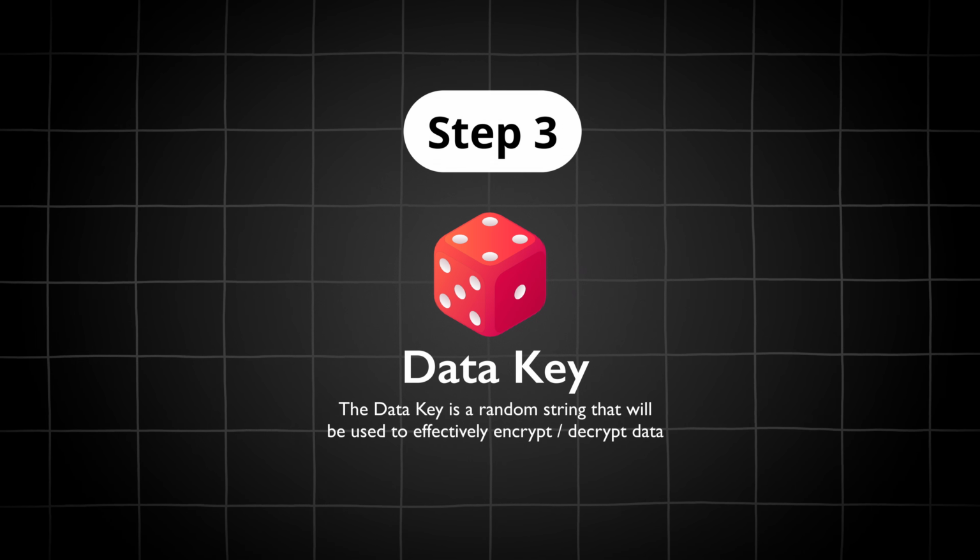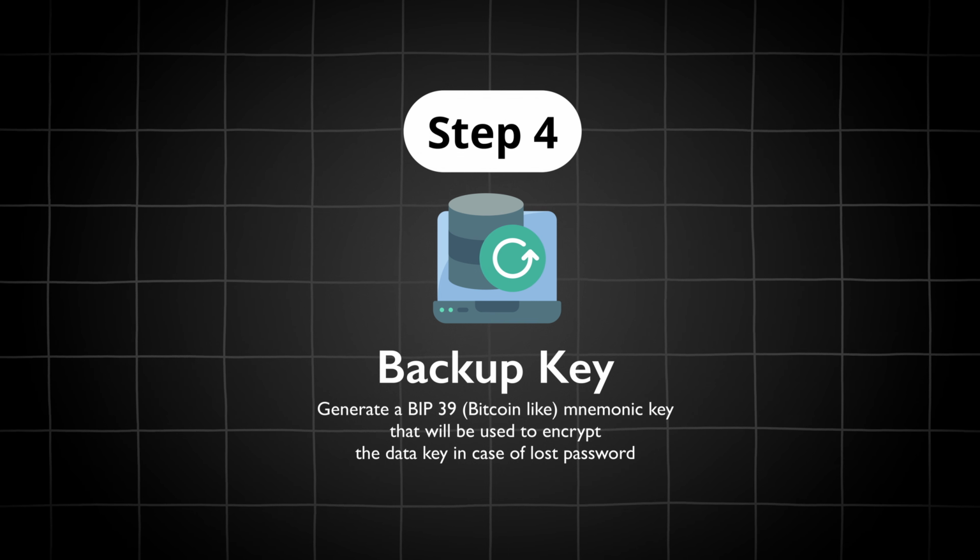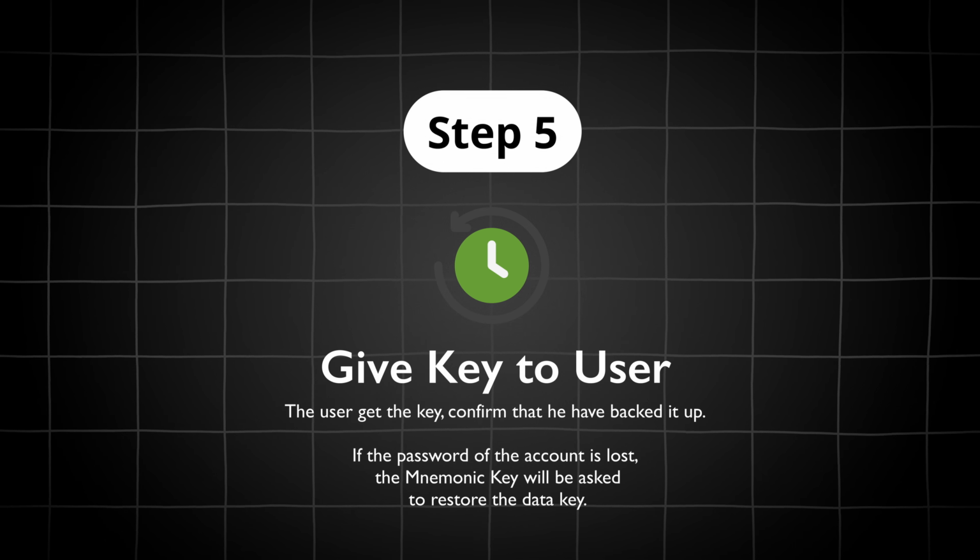After that, you generate a random key that will be used to encrypt the user data, and you encrypt this key with the Argon2 generated key that you just created. When you have this key, you also take the user data key and you generate a mnemonic phrase like it's done in Bitcoin, and you encrypt the data key with this mnemonic phrase. Then you give the backup key to the user in case he loses his password and needs to recover his account.